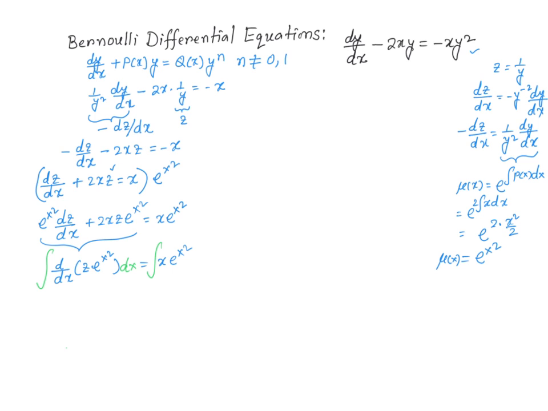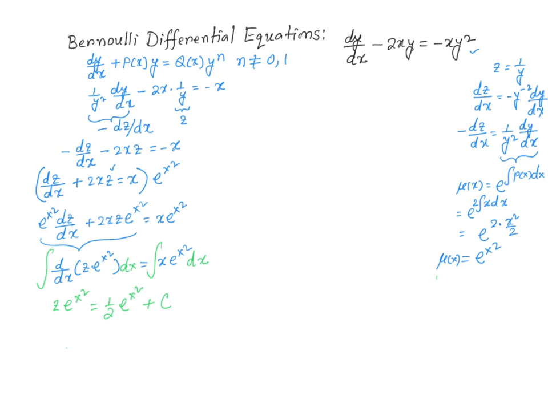On the left hand side, I'm going to get just z times e to the power x squared. And on the right hand side, if I integrate it, I should get 1/2 times e to the power x squared plus some arbitrary constant c.